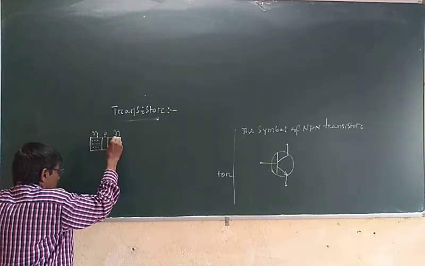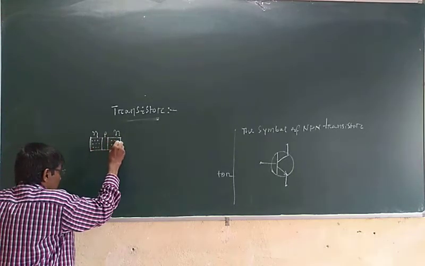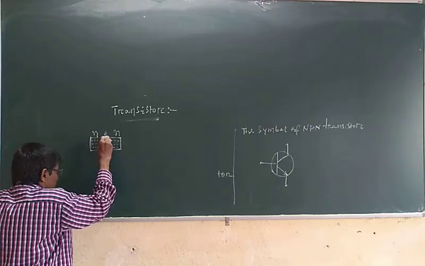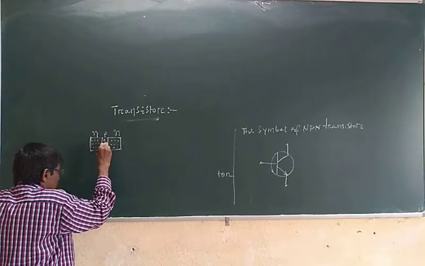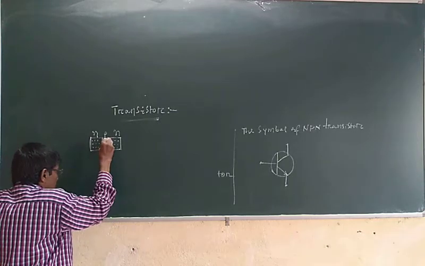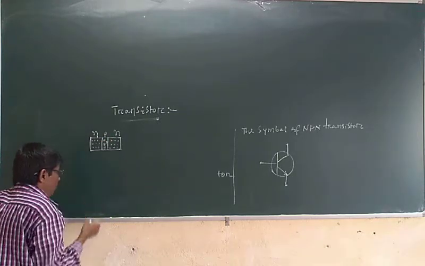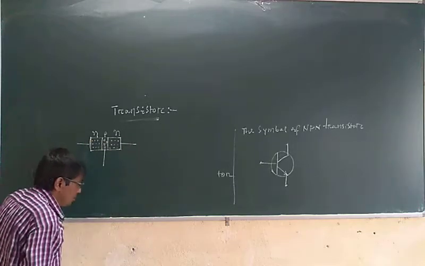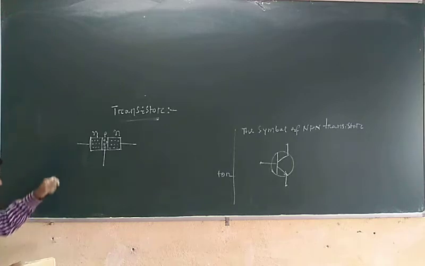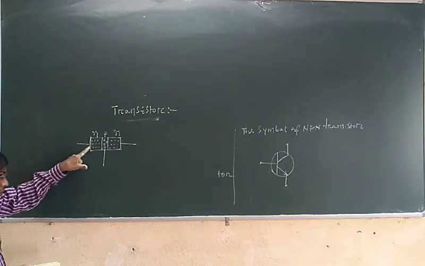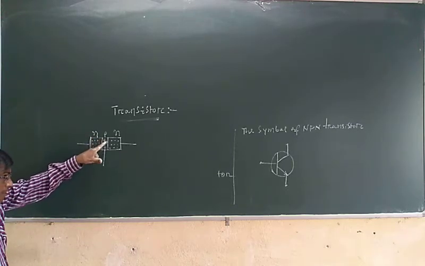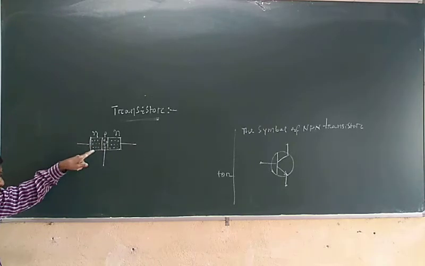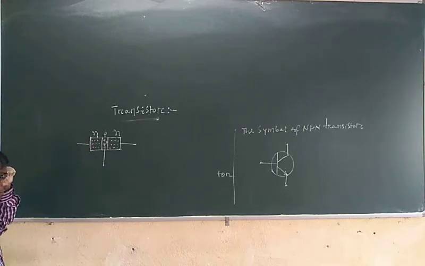This is the electrons and this is the holes. P means all are holes, and N means all are electrons.